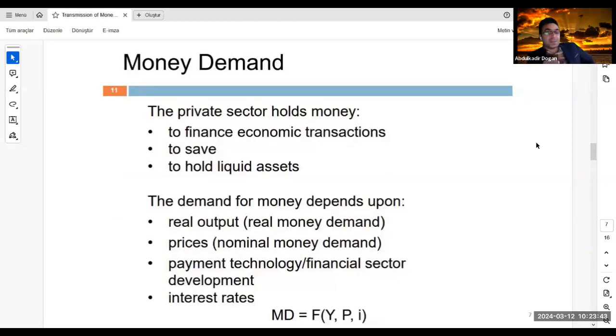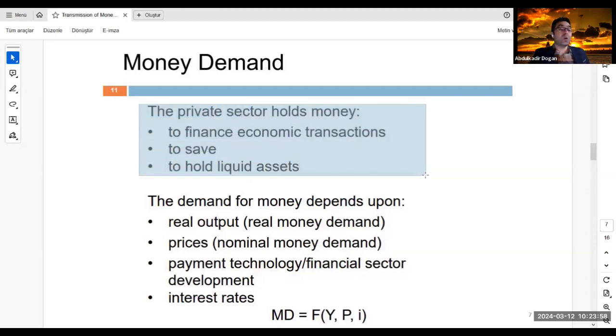And let's come to the money demand side. There is a basic equation here, but don't be afraid of it. It is a basic mathematical equation for the money demand function. As you see here, what is the basic triggering point of who demands money and for what reason?